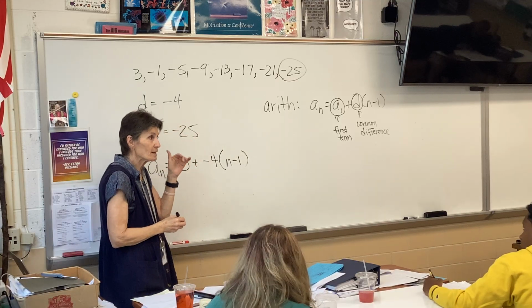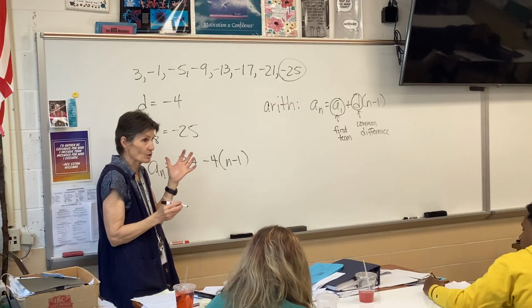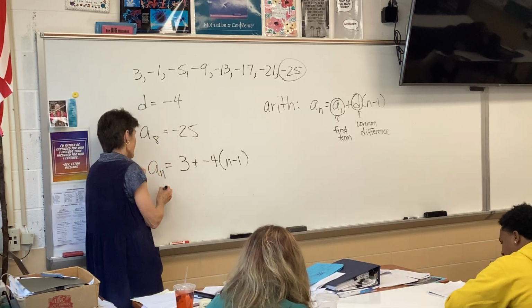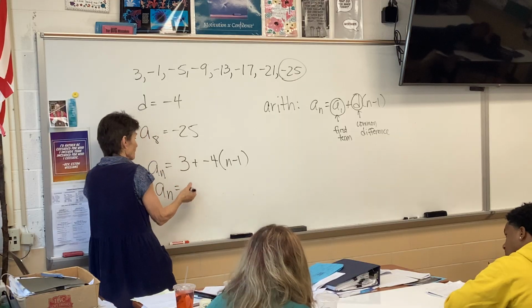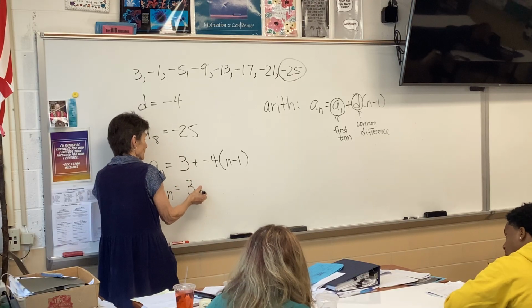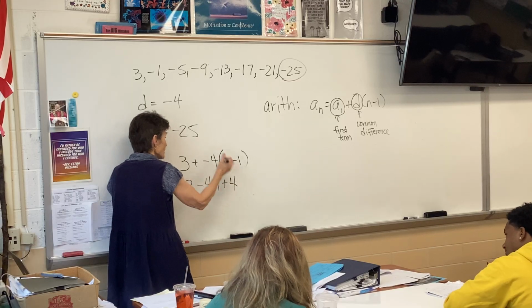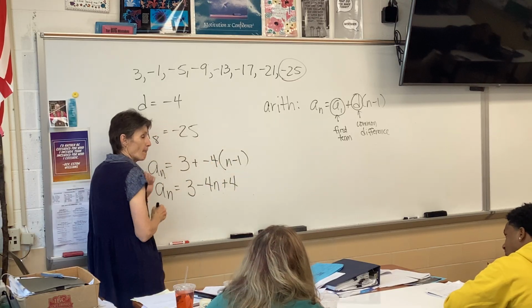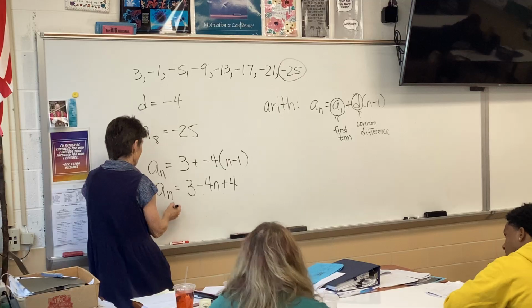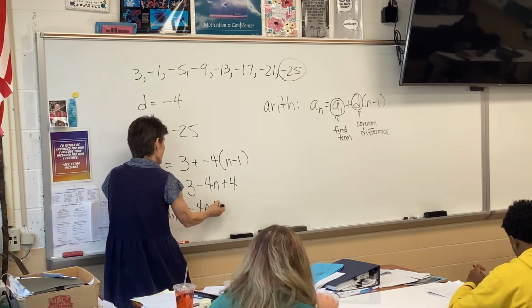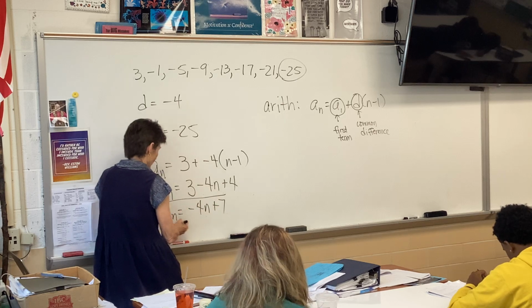Remember, I'm building a formula. I'm not getting an answer, I'm building a formula, so it's okay to have letters. So let's simplify this. What's it say? 3 minus 4n plus 4 if I distribute. So negative 4n plus 7.